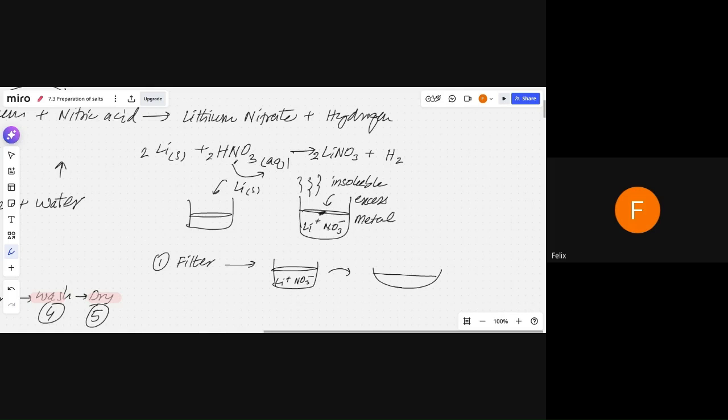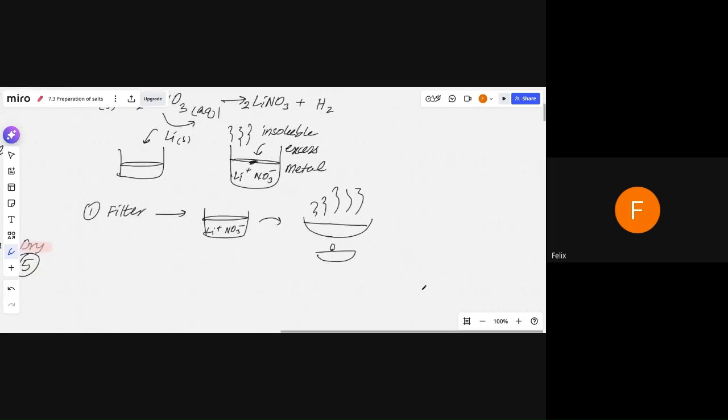This acid was diluted, dissolved in water. You may ask, since we are not getting any water as a product, where did the water come from? It was already present in this acid, right? So now you have to evaporate most of that water. Step two, heat it.